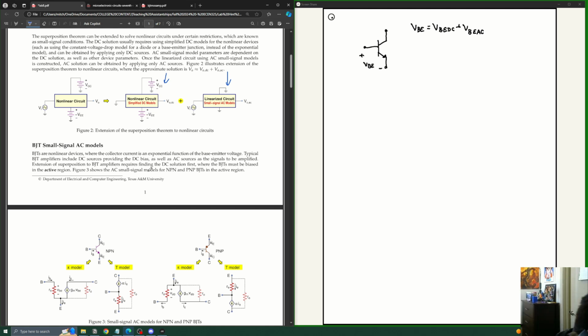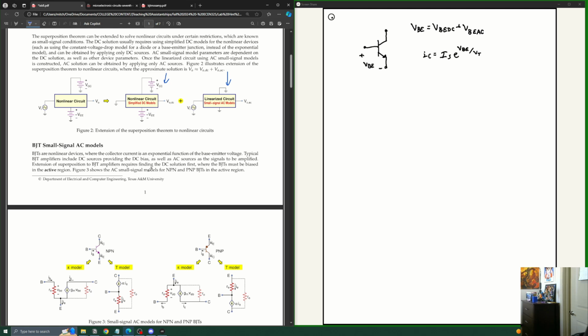What ends up happening is, when the BJT is in active region, the collector current is described by this equation: the constant that describes how the current works for this specific BJT device, and then the exponential of the base-to-emitter voltage divided by the thermal voltage.